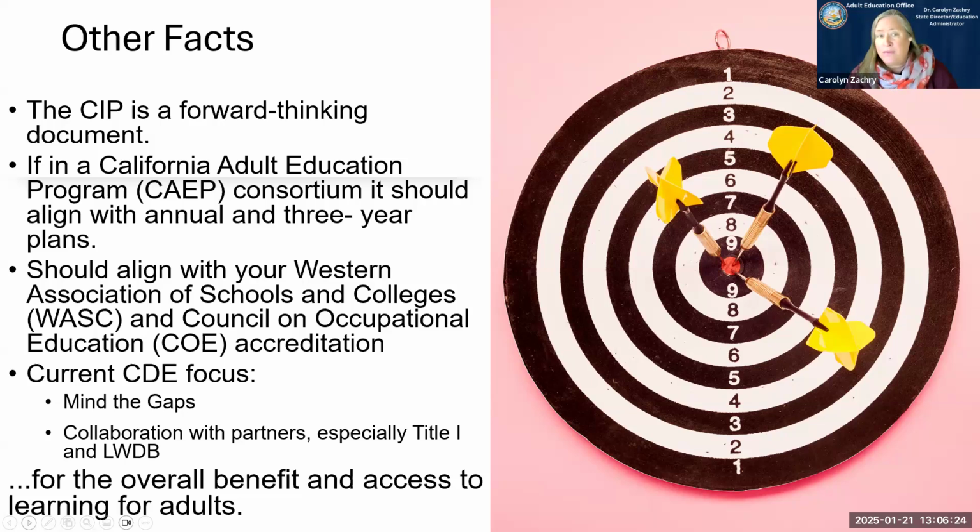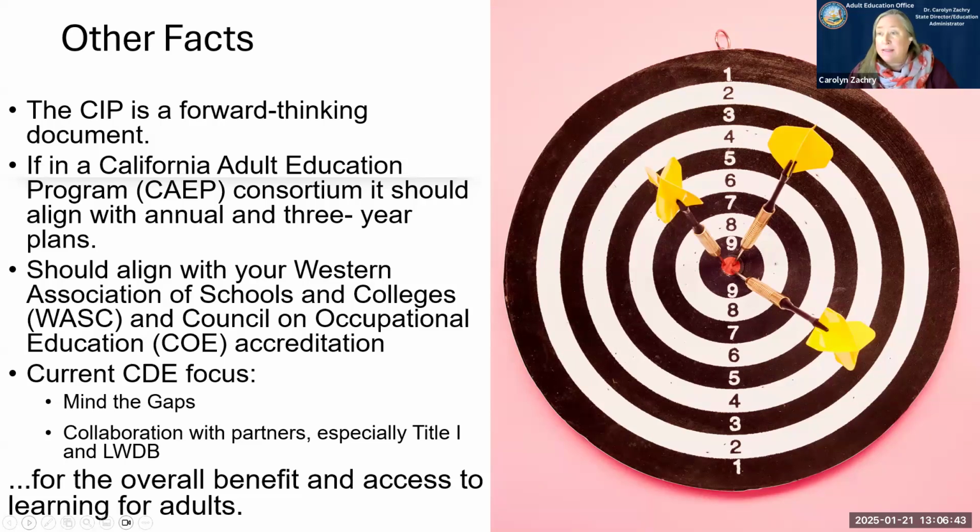And if you are part of a CAPE consortium, you can look at how you can align this with your annual plan and more specifically your 3-year plans that you're working on right now. You can also align this to your WASC and your COE accreditation.